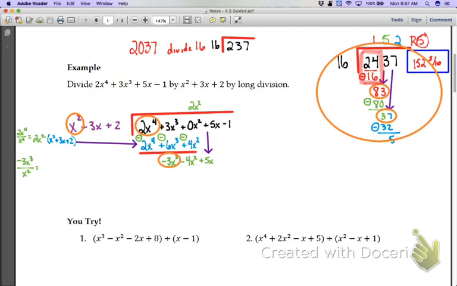So negative 3x to the third divided by x squared is going to leave me with what? Negative 3x. Now, where does that negative 3x go? Right above the x that I have inside my house, so negative 3x. What am I going to multiply negative 3x by?